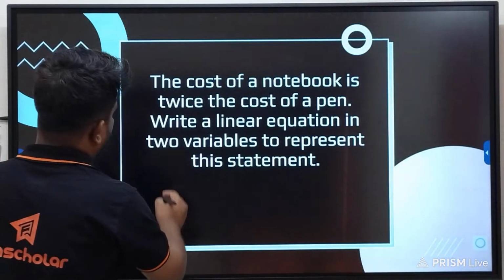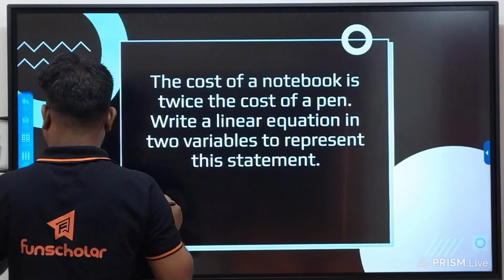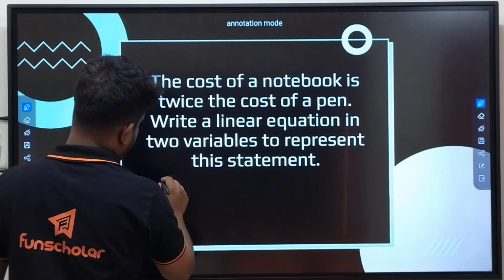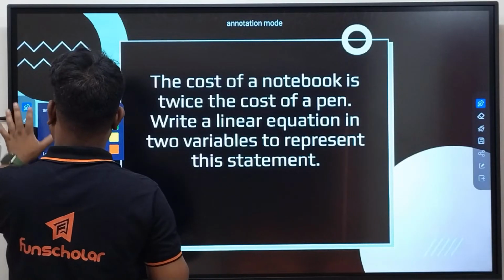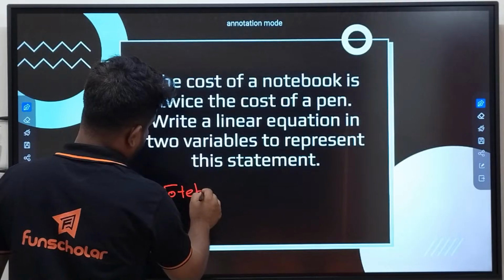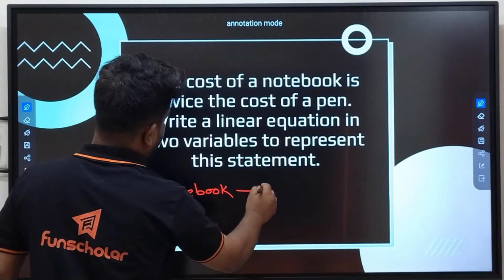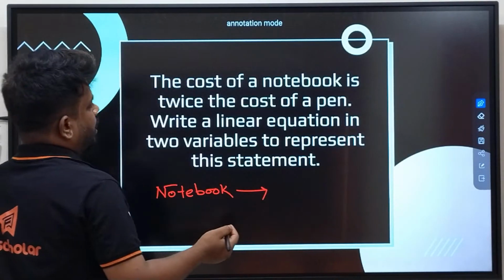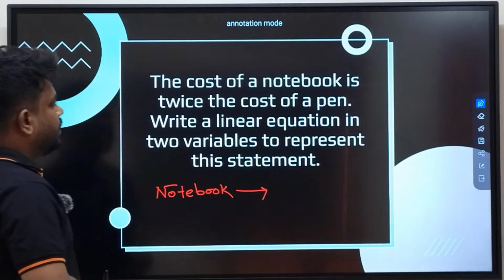So the cost of a notebook is twice that of a pen.